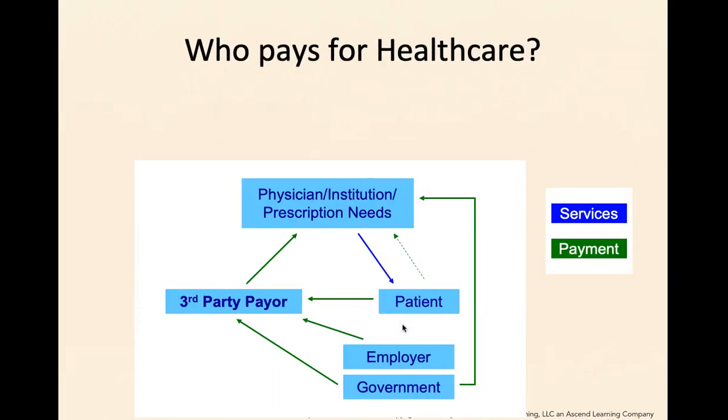What we have now, though, in the current arrangement is that this relationship has evolved with a third party involved, and we call that the third-party payer source. All right, let's examine this slide.